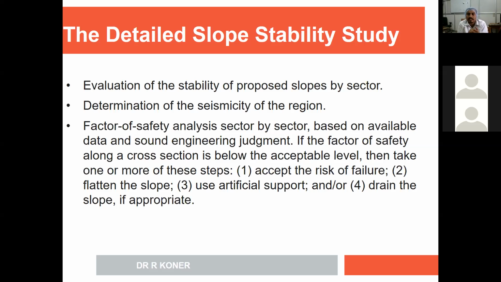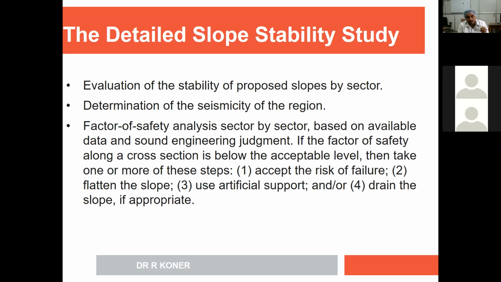You also have to assess the seismicity of the region. Nowadays you can easily obtain it from the Geological Survey of India data. That map is already available, and it shows which zone the area comes under, zone 1, zone 2, zone 3, like that. From that you can determine the seismicity.